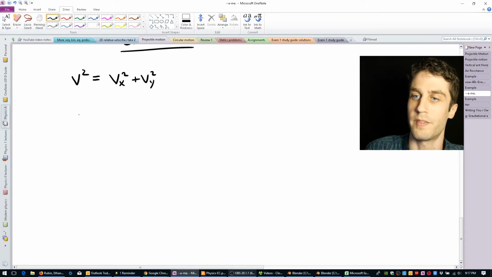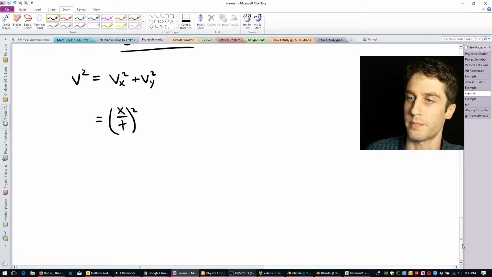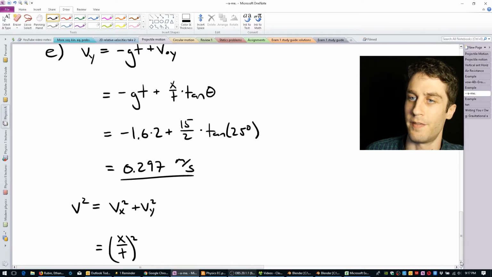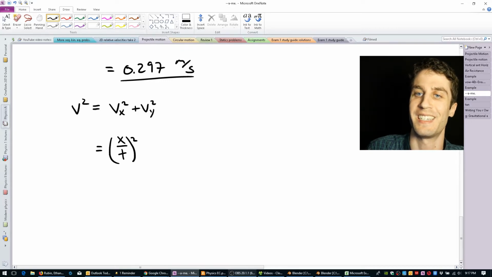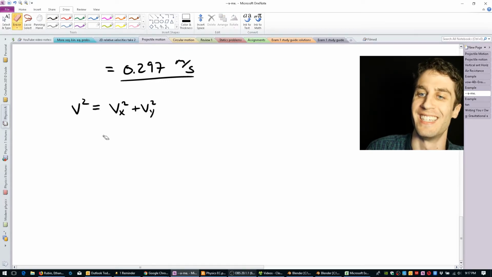Again, you can just plug in values. I'll try and work algebraically. Vx was constant. It was x over t. And then Vy, yeah, I don't want to bother squaring all of this. So we'll work numerically. It's time to plug in numbers.